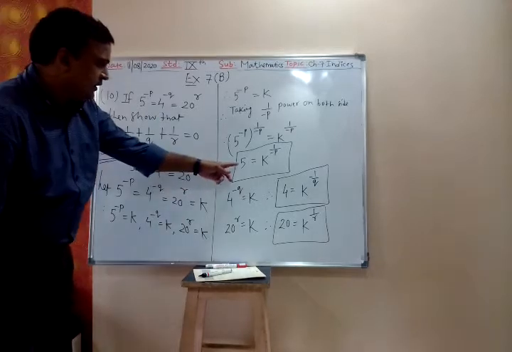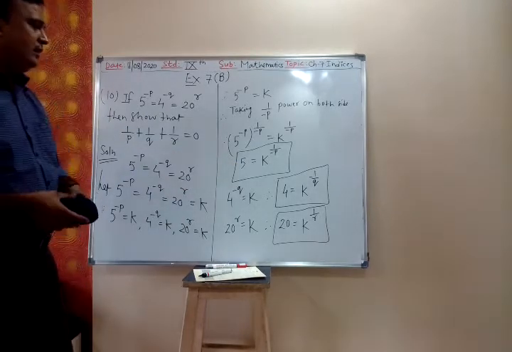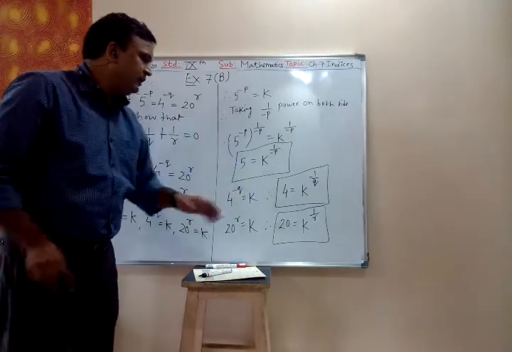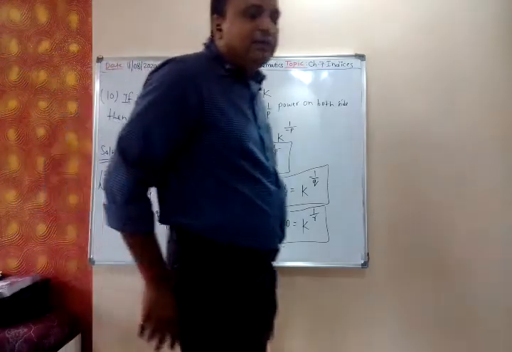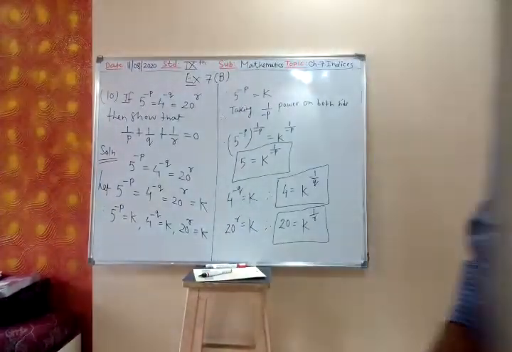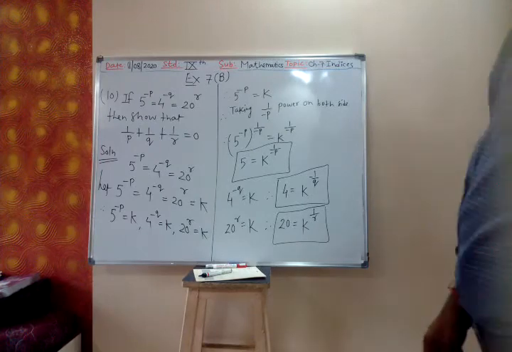Now we have the numbers 5, 4, 20. Now 20 we can write as 5 into 4.